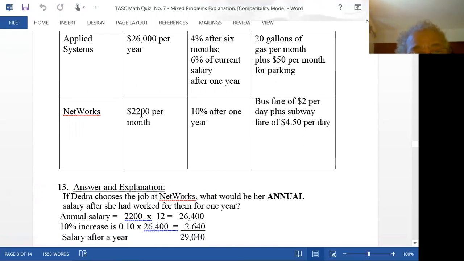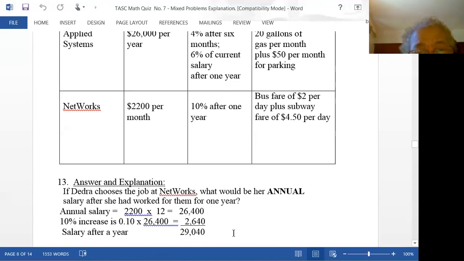Well, we look at our monthly pay, that's $2,200. Multiply that by 12, and we get her annual salary, $26,400. If she's getting 10% after 1 year, she's getting 10% of this $26,400. 10% converted to a decimal, 0.1 times $26,400 is $2,640.